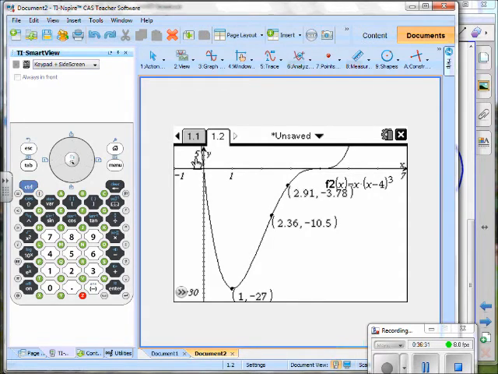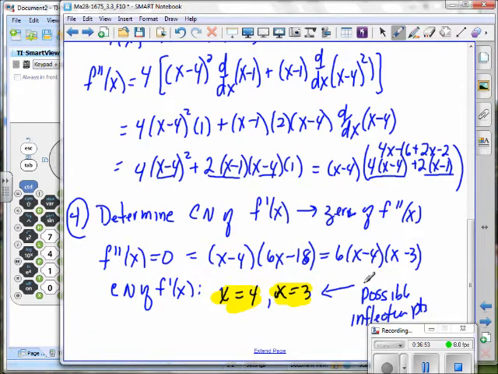Let's put the 4 in first, just to make sure that we can see it here, since we see we have a problem with that. So I'll put the 4 in. There it goes. I'll put the 3 in. And there it is. Possible inflection points. Now let's see what we have to do here.